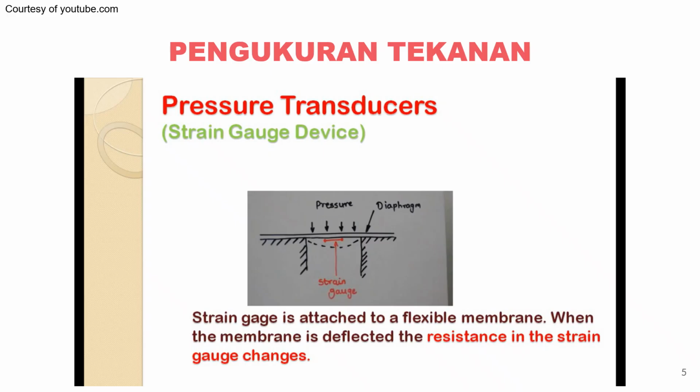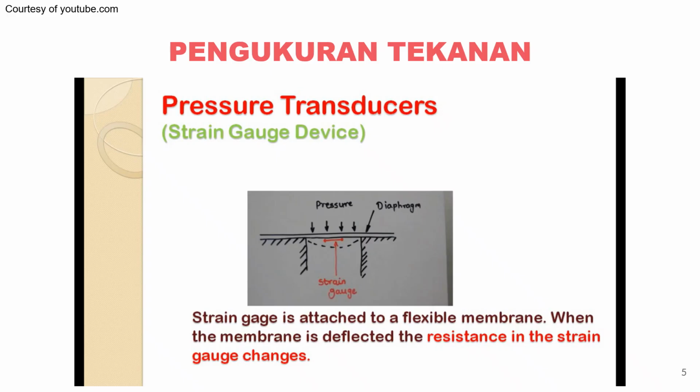The devices are designed in such a way that on one side of an elastic membrane, thin wires of the strain gauge are attached, and on the other side, the unknown pressure which we are going to measure is allowed to act.